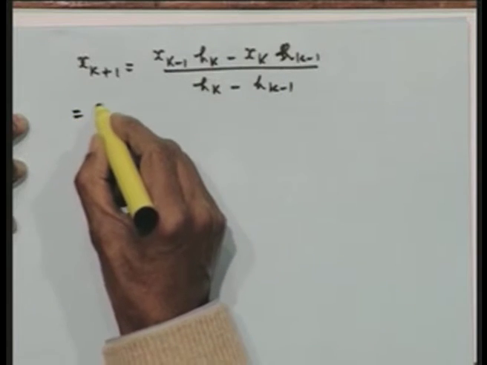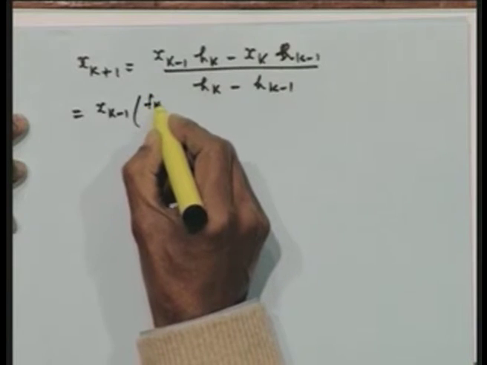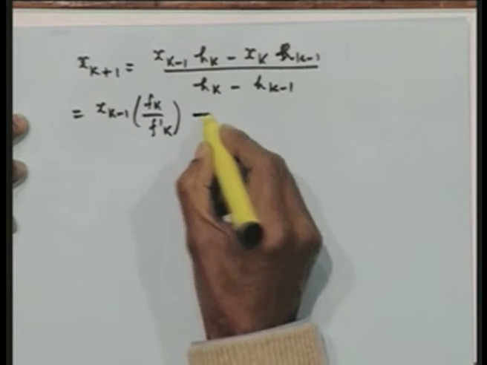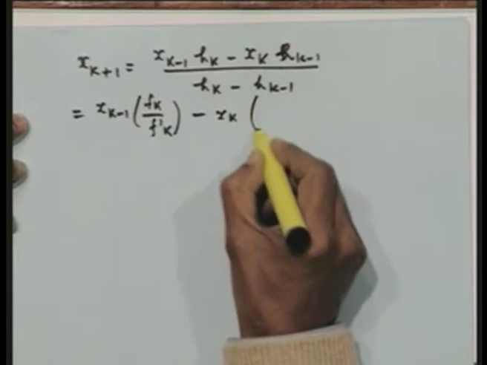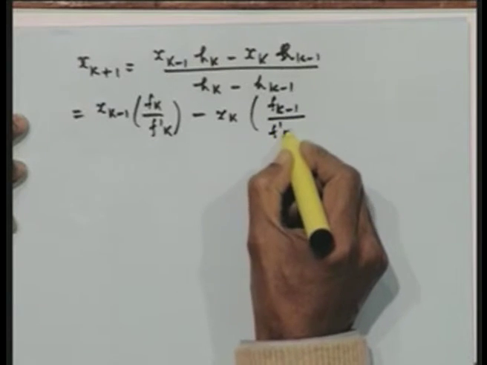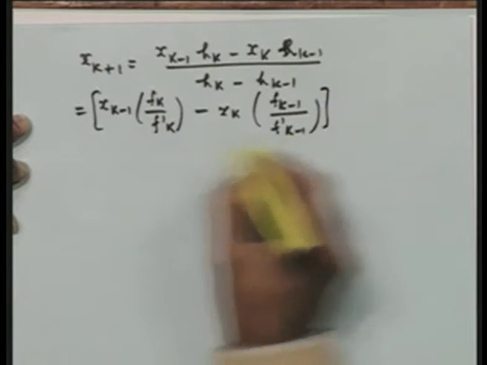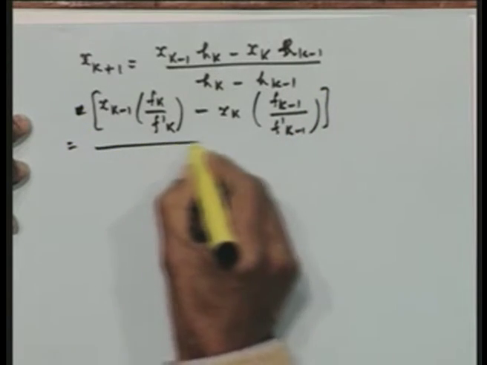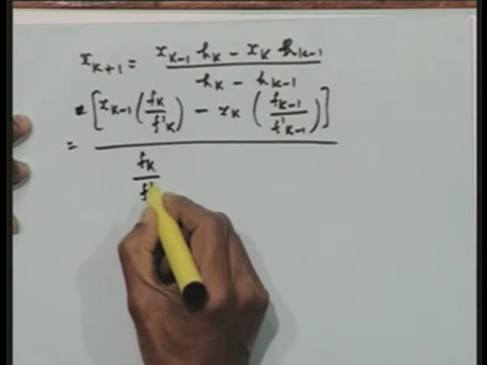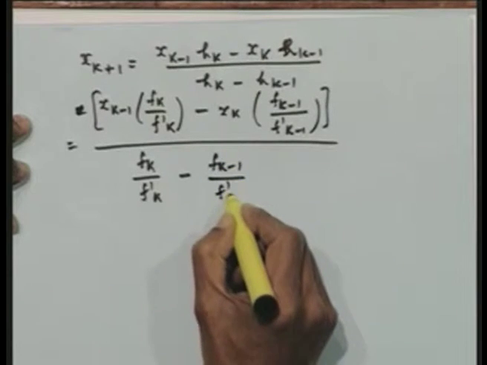That will give us x k minus 1 into f of k upon f prime of k, that is the numerator, minus x k times f k minus 1 upon f prime at k minus 1. Then the whole thing we shall divide by h k minus h k minus 1, that is, f k upon f prime k minus f k minus 1 upon f prime at k minus 1.